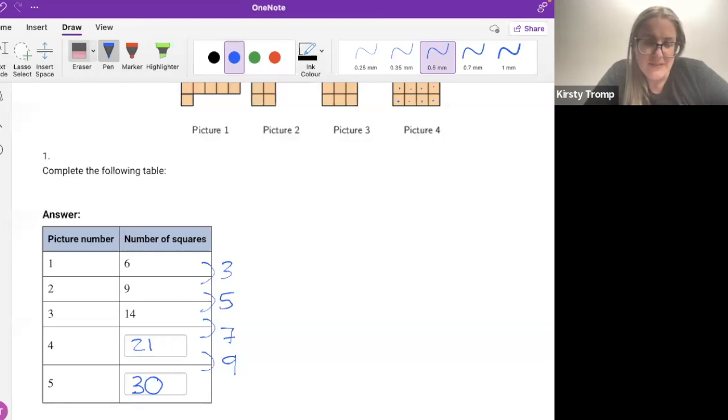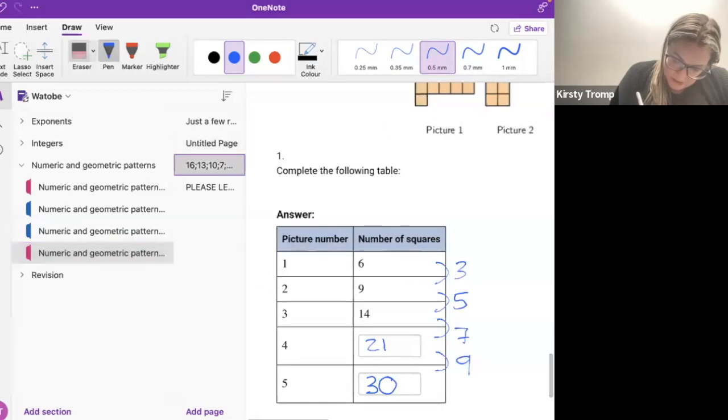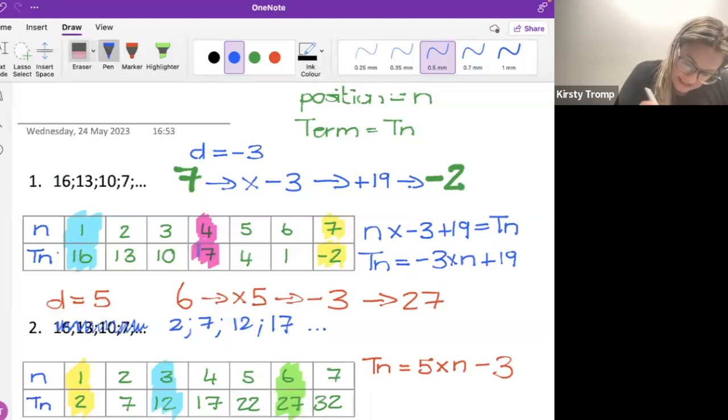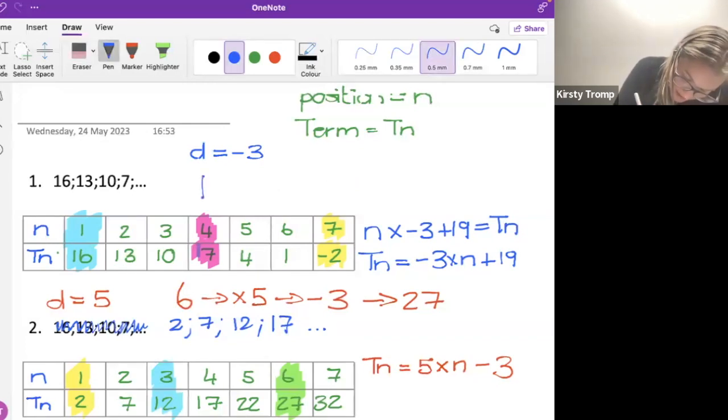Dimple, what is your question tonight? Ma'am, at the beginning, when you started, how did you get 19? How did I get 19? Okay, let's go have a look. At the beginning, when I started, I said 1 times -3.